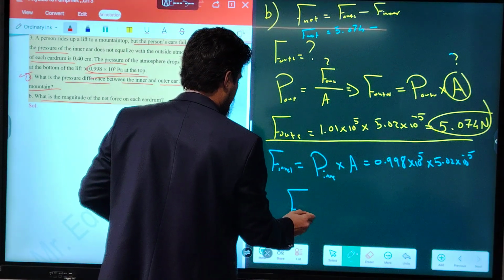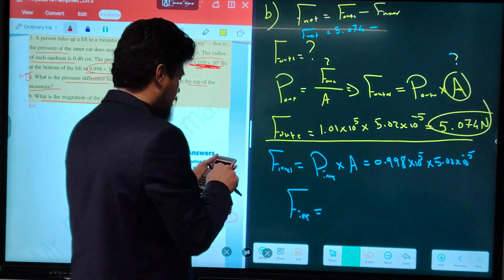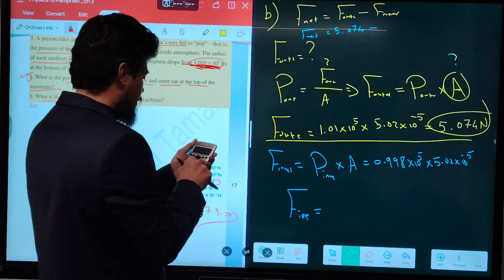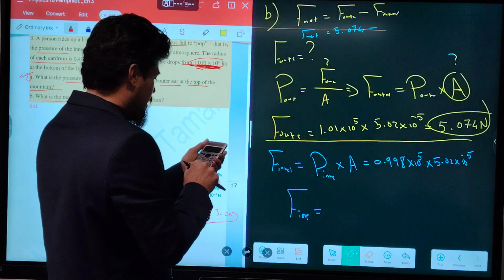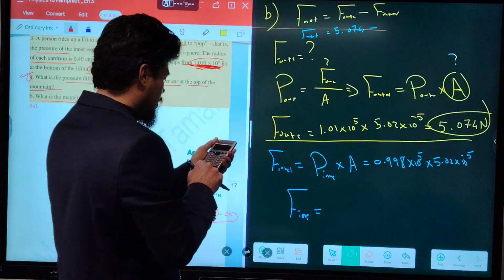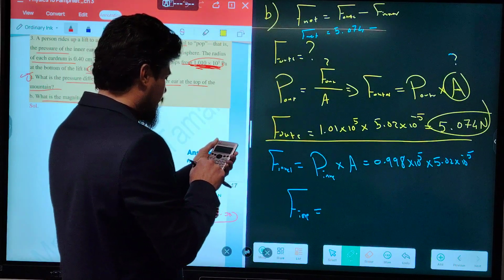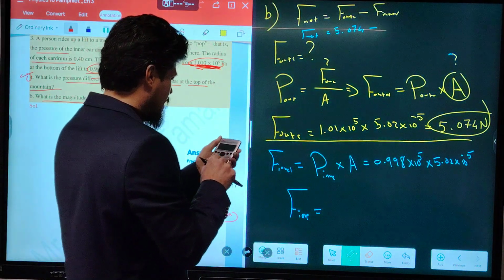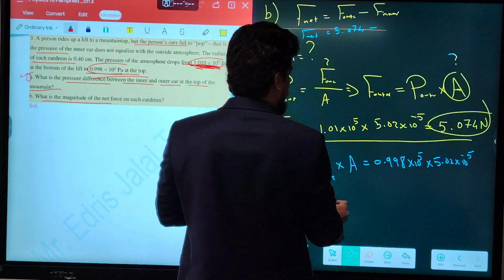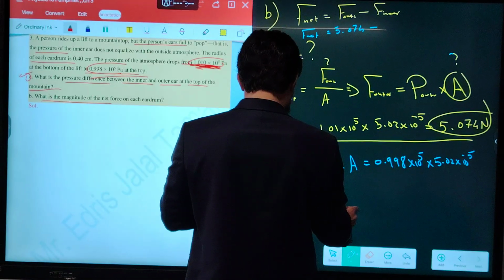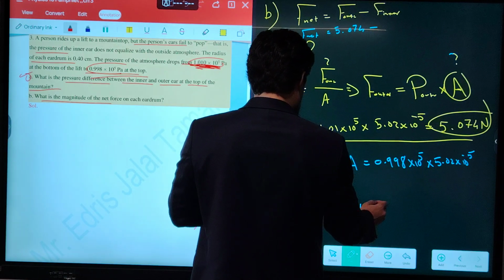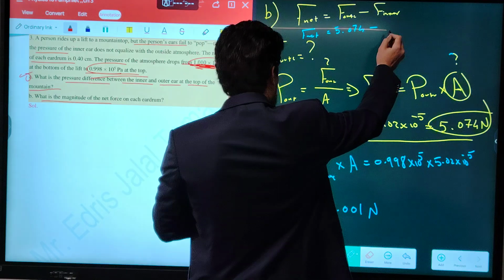The inner force is equal to 0.998 times 10 power 5 times 5.02 times 10 power negative 5. I got this number, 5.001 Newton. Okay, so we can subtract these two numbers.